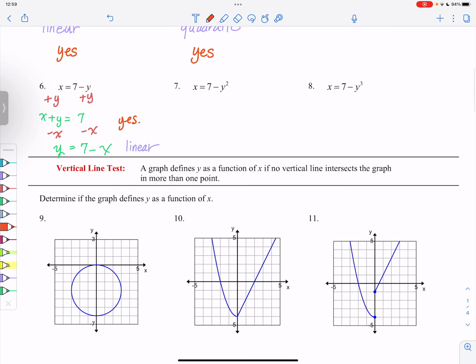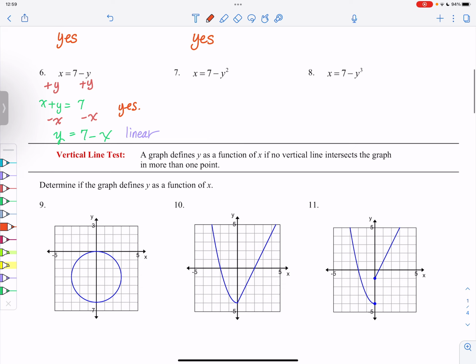Now, as you can see here, if we go ahead and solve this for y squared, so what will we do here? We will subtract 7. Lots of ways to solve these. And then multiply everything by a negative 1.